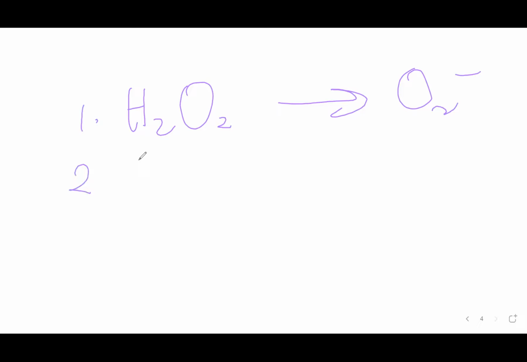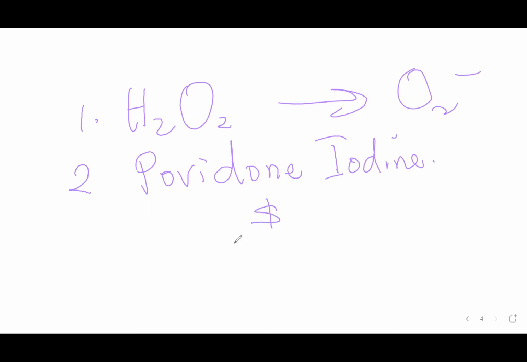You have iodine. There's the povidone iodine, which contains iodine, and this is used for wound dressing and, of course, skin preparation during surgery. This is different from the iodine tincture.